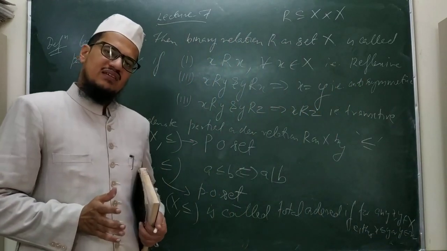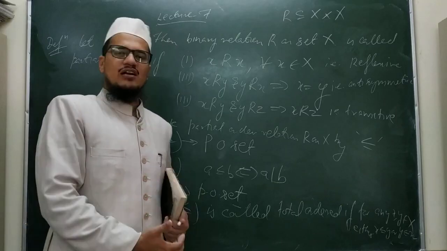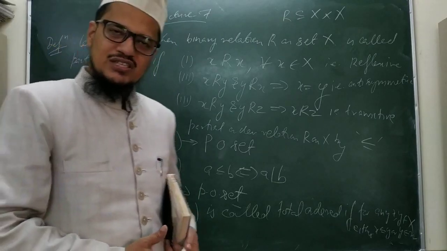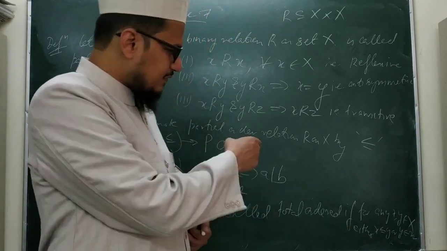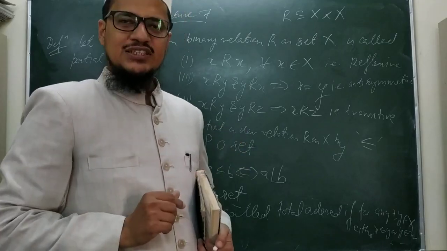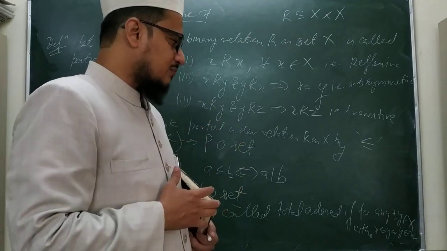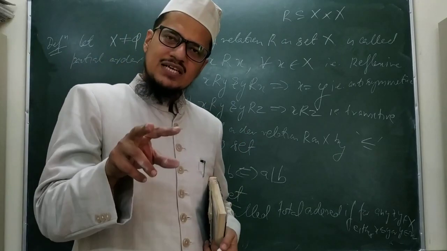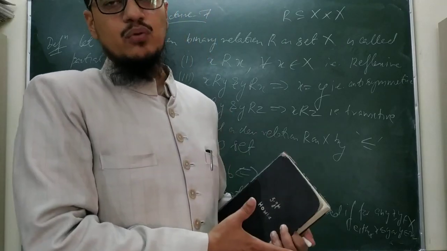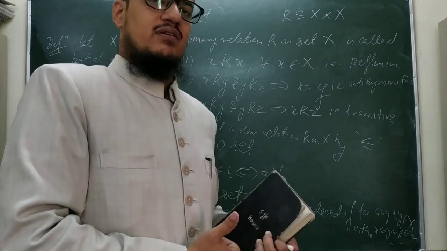So a partially ordered set is a totally ordered set if we have this extra property along with the properties of partial ordered sets. What is the extra property? For any x, y belonging to X, either x is related to y or y is related to x. That is, x less than or equal to y or y less than or equal to x.